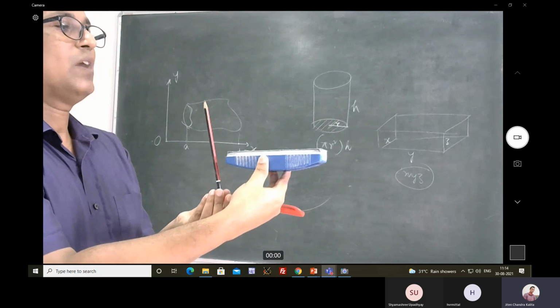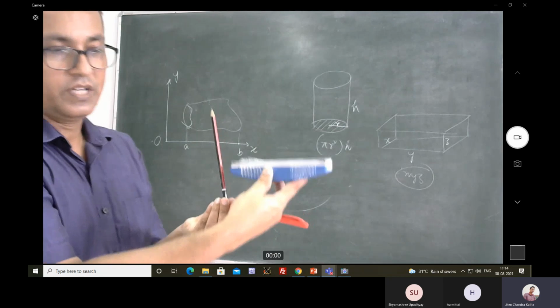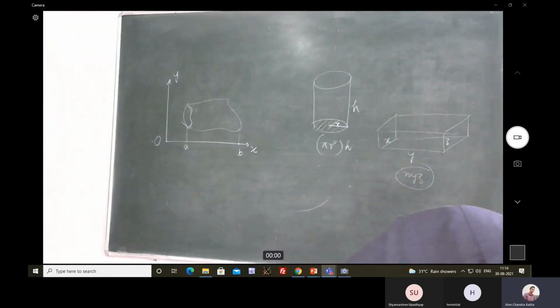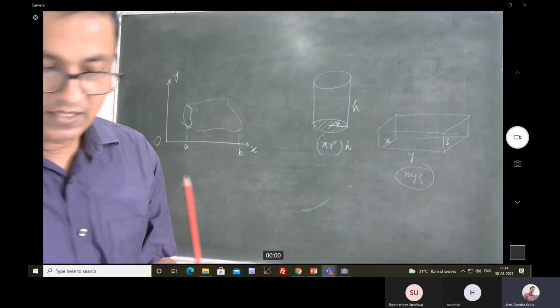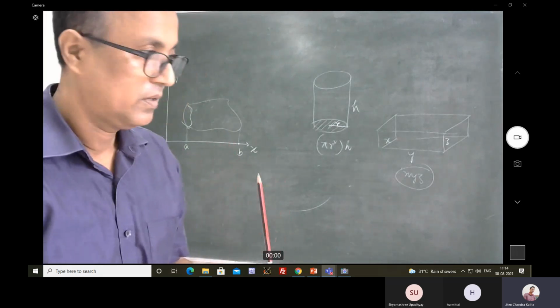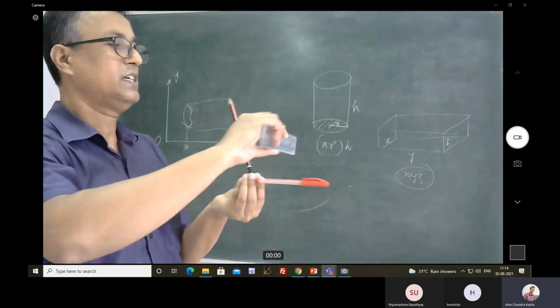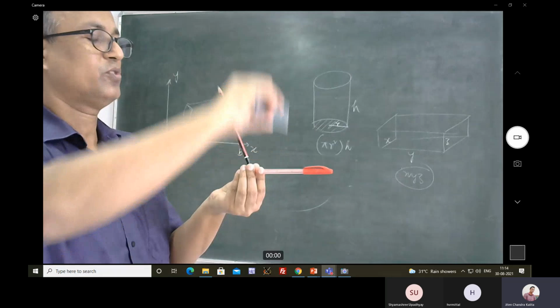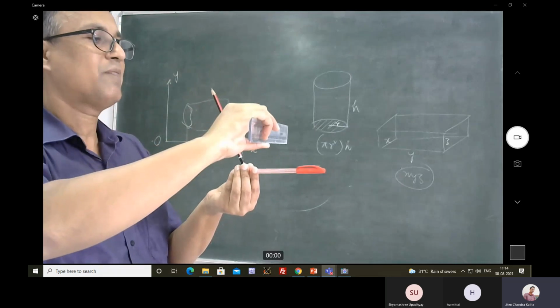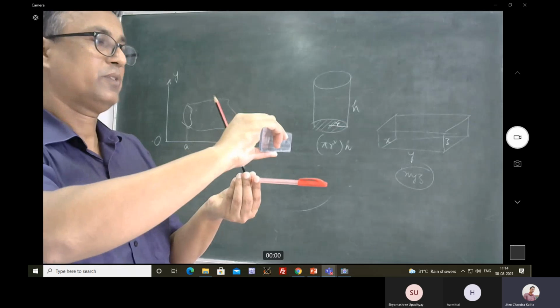Now I am going to cut this solid with some planes like this, in this direction. I'm going to cut it like this. I'm going to take slices like this. Is it okay? You have understood, right? The orientation of the plane. Okay.